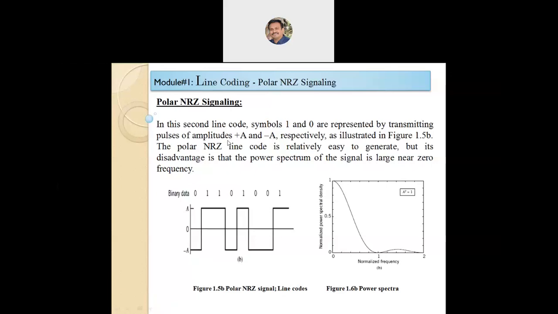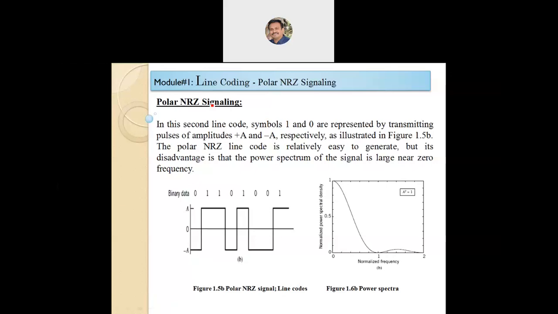Next line code, that is polar NRZ. Here symbols 1 and 0 in the binary stream are represented by transmitting pulses of amplitudes plus A and minus A respectively. Plus A is used to represent binary bit 1, minus A is used to represent binary bit 0, as shown in figure 1.5b.